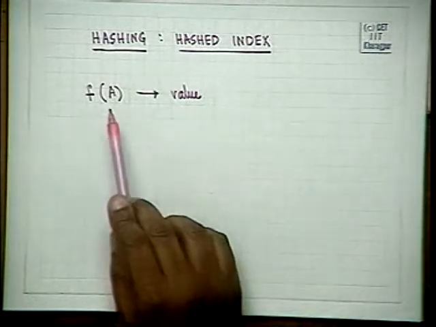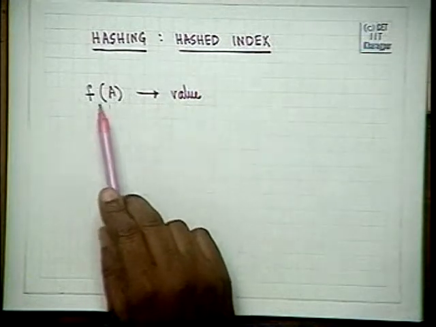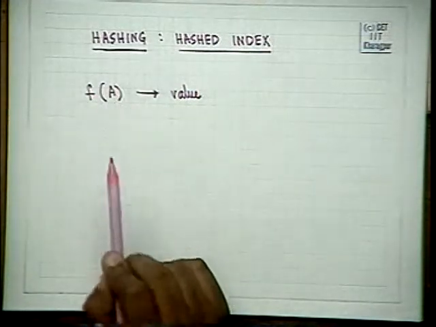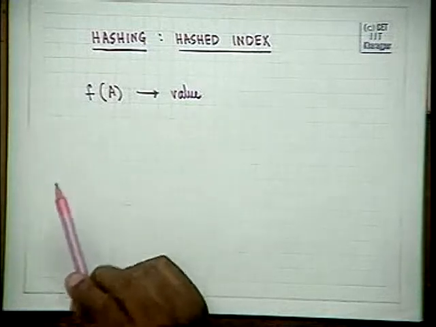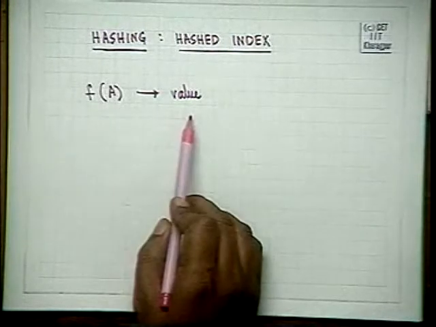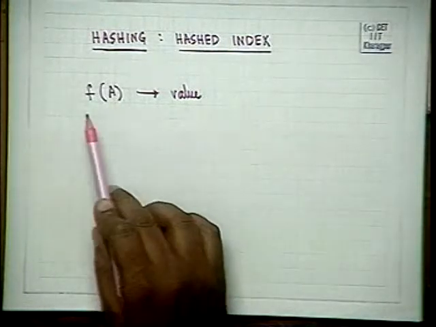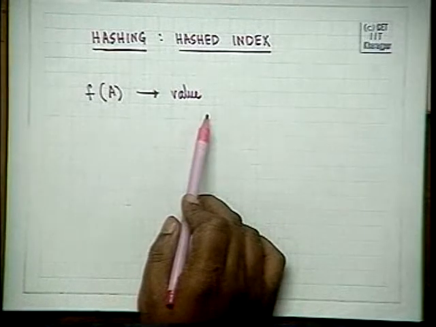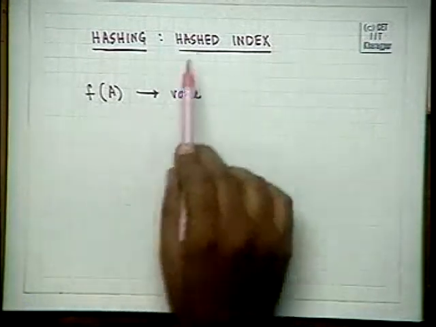Our delete, insert and find, all operations will use a function which will be computed on the main memory. It will look at the attribute, compute that function and generate a block. Now, the more unique we are able to make this function and the more well distributed we are able to make this function, the better hashing that we will get.